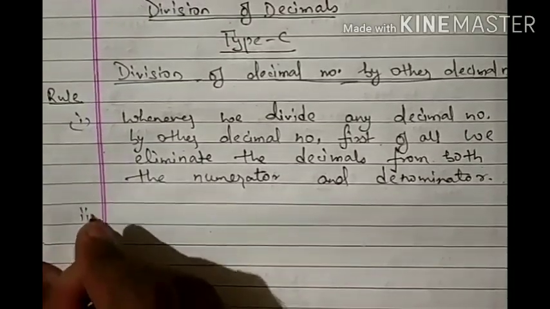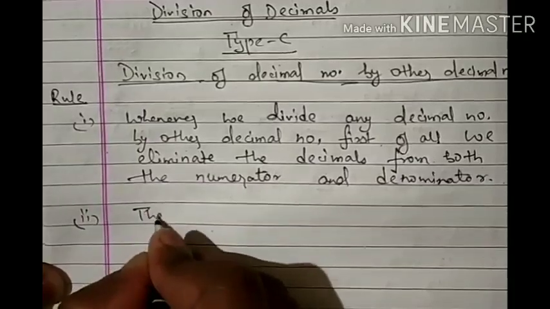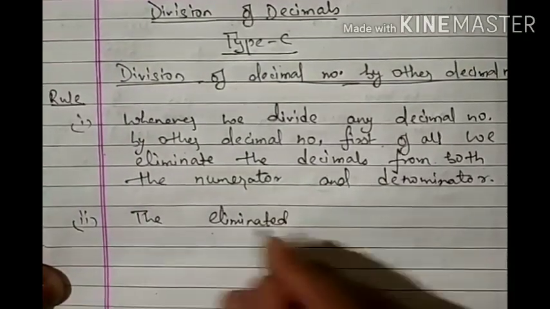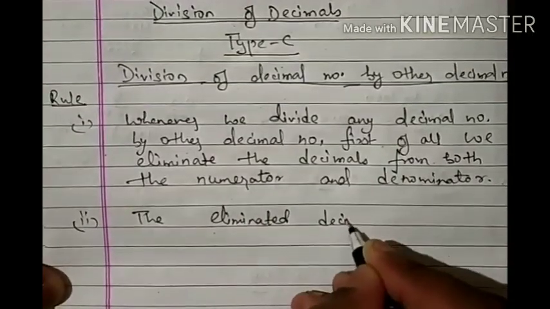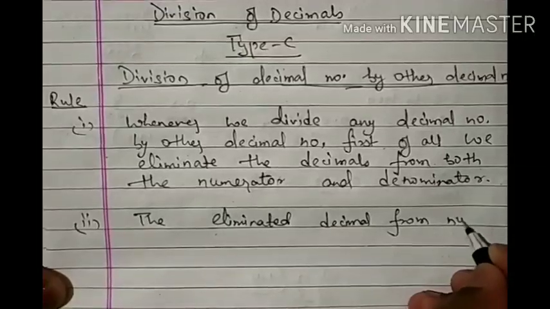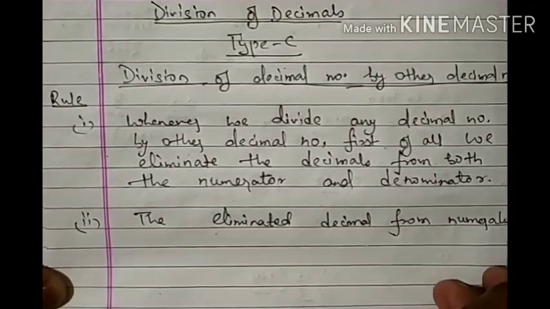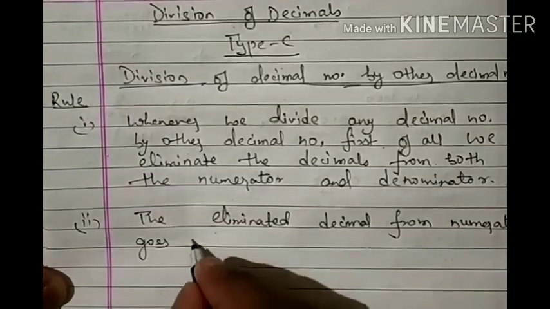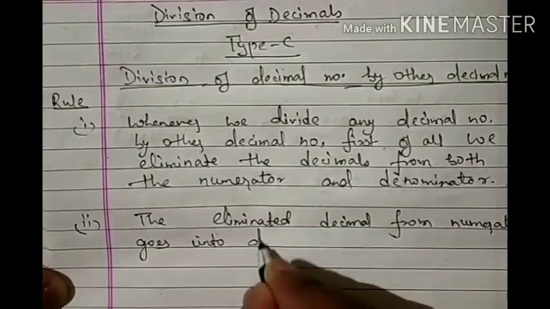Rule 2. The eliminated decimal from numerator goes into denominator.